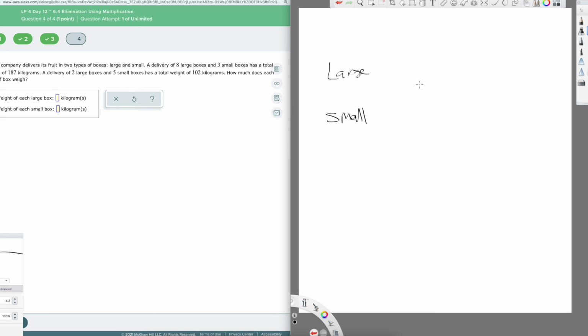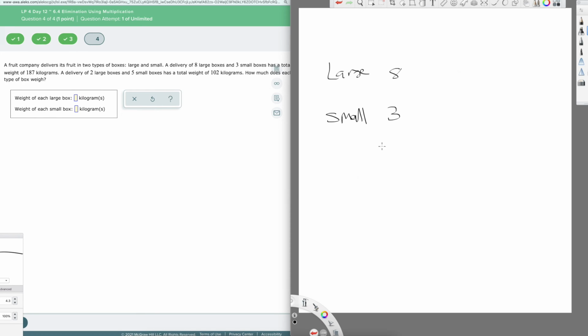So I have 8 large and 3 small. And the total weight was 870 kilograms. So now I have a quantity, meaning I know how many boxes were delivered of each. And then I also have a total weight for this.